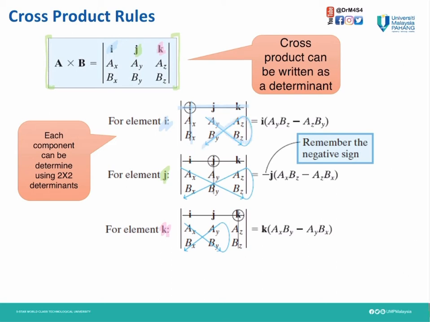For J, take out the column and row, and the product for that is Ax times Bz minus Az Bx. For element J, don't forget the negative sign. Now for K, take out the row and column, Ax times By minus Ay Bx. So that is for element K.